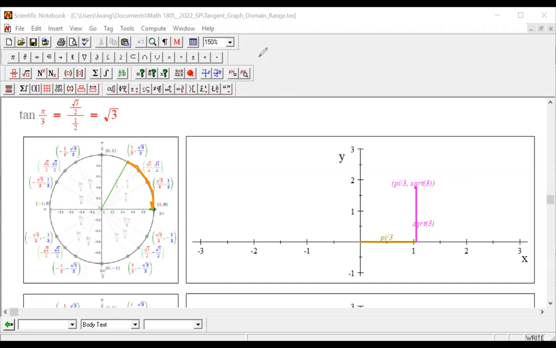Now, next, naturally, we're going to measure the angle to what? To pi over 2, yes. But we have a problem here.